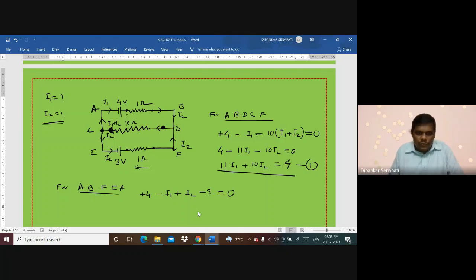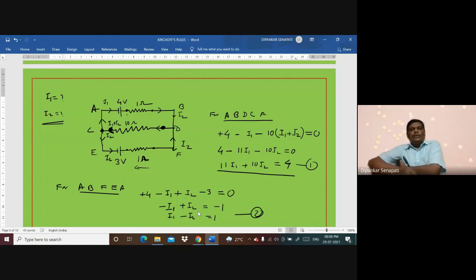So this comes to I1 times 1 ohm, minus (I1 plus I2) will be equal to minus 1, and therefore I1 minus I2 equal to 1. Equation number 2. Now from 1 and 2, we can solve it easily.